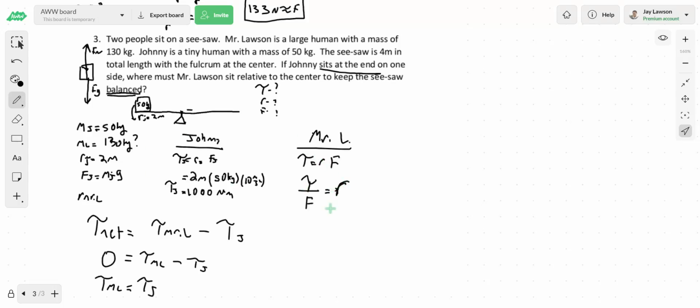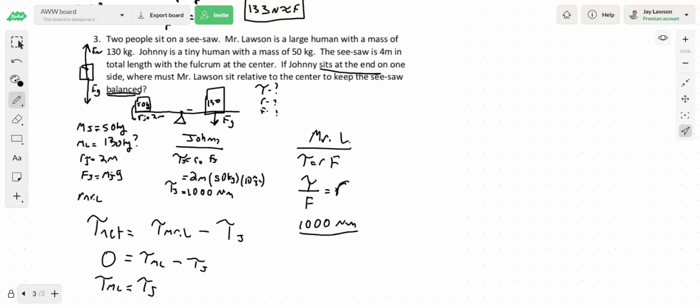Now, the torque is going to be the same as Johnny's, which is 1,000 Newton meters. We know this because it's in equilibrium. The force, just like John, I'm just going to put myself in an arbitrary location here with my 130 kilogram mass. The force is going to be my weight, because just like Johnny, my weight is going to be the force that's trying to cause rotation.